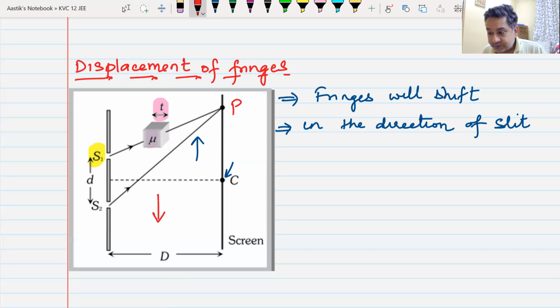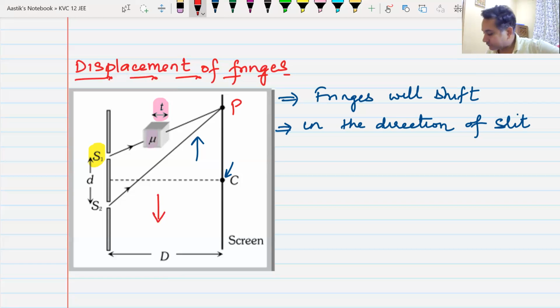If I put a glass slab in front of both of the slits, because of the upper slab it will shift in the upward direction, because of the lower slab it will shift in the lower direction.